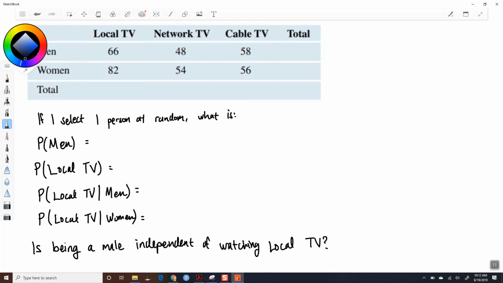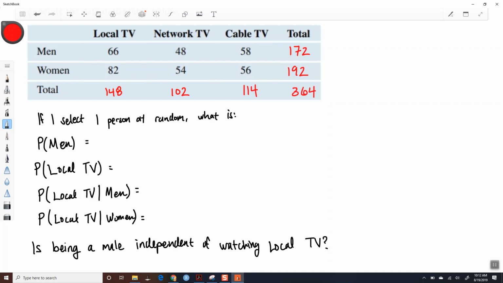All right, so first off, we have to fill in our totals. Let me know if I did my math wrong, but I got 148, 102, 114. Over here I get 172, 192 for a grand total of 364.